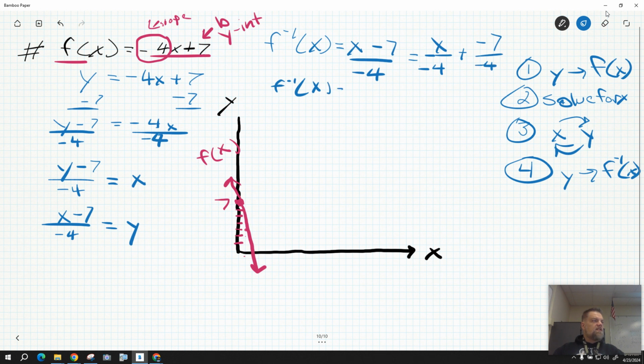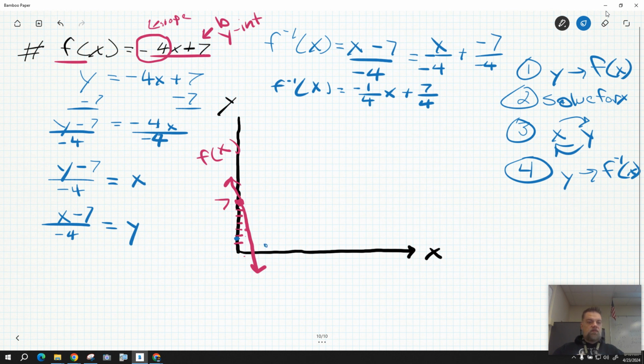So then in my next line, what I get is negative 1/4 times x plus 7 over 4. So 7 over 4 is almost 2, right? So I go to just about 2, put my dot there. And from here, I'm going to go down 1 and over 1, 2, 3, 4.